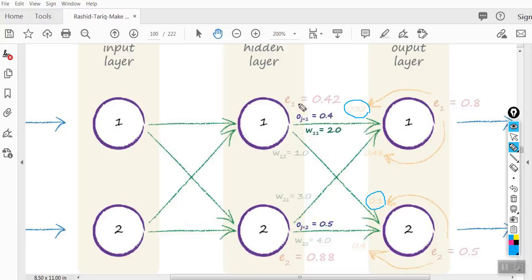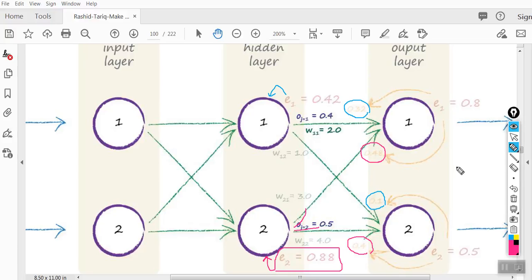After the summation, the error of this node is 0.42, and the summation of the errors of these two links, 0.48 and 0.4, is the error of this node.